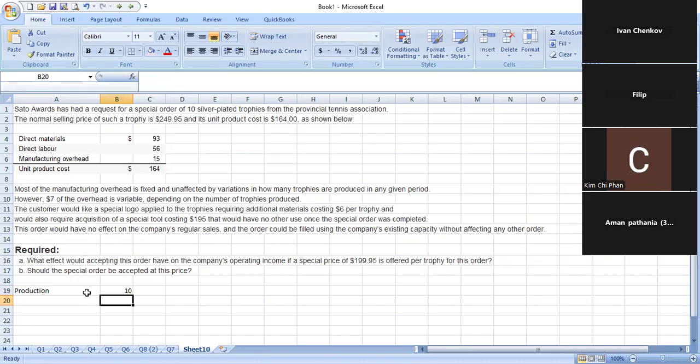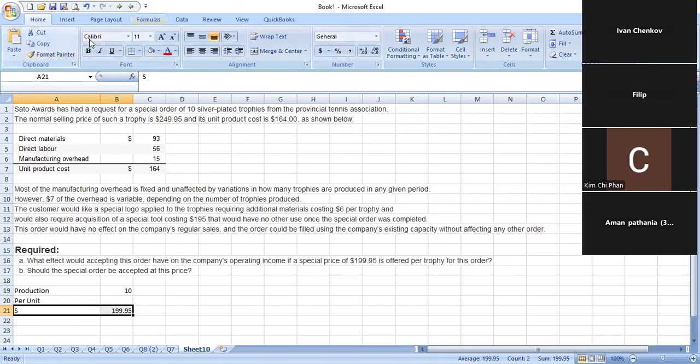Okay, how much is the sales price per unit? How much do they ask? $199.95. Now the question here is, what do we need to produce those 10 units?